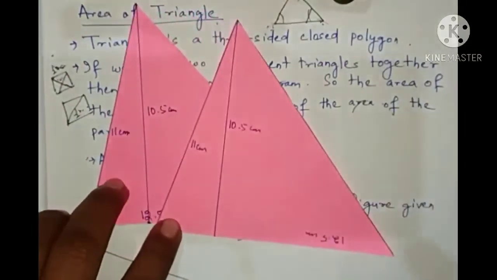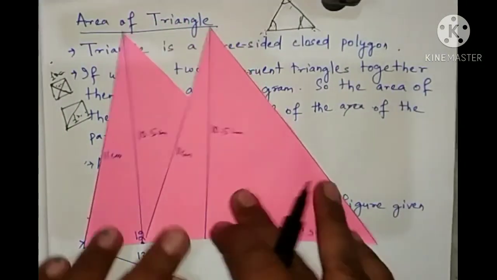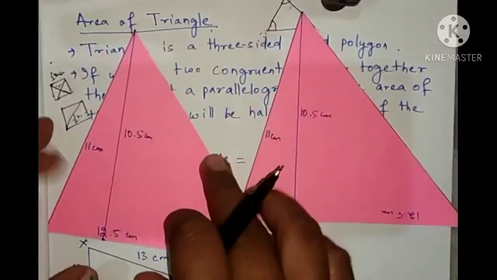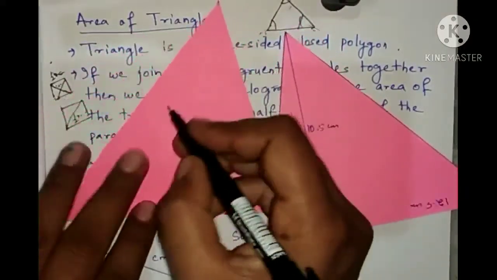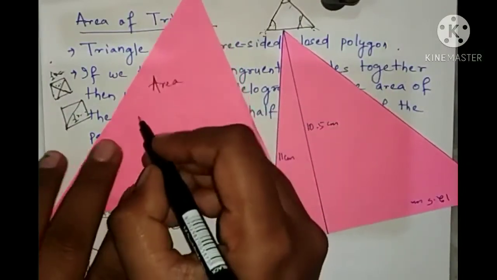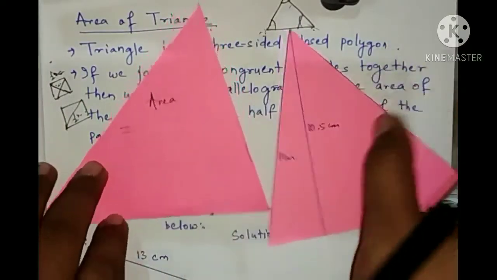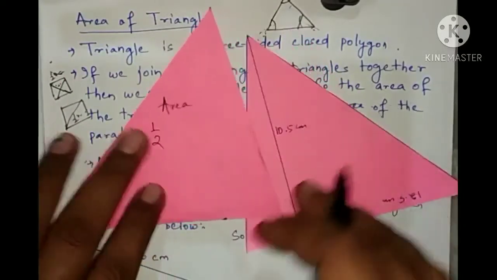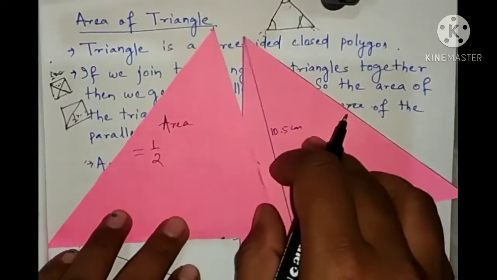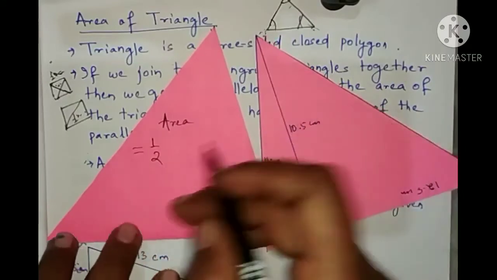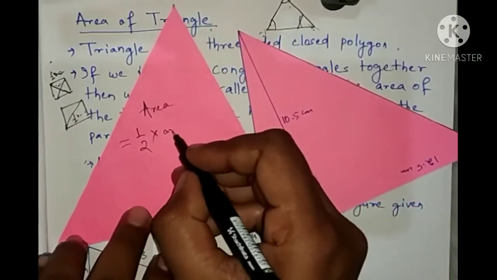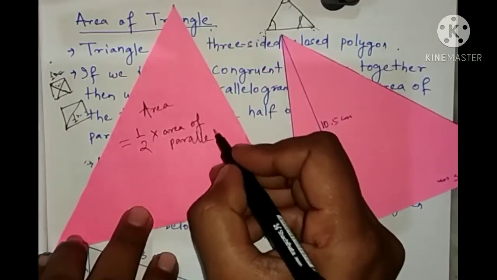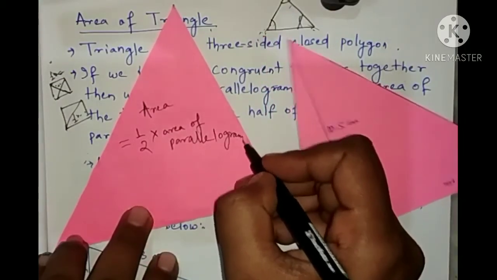The area of this triangle I can write as half, because this parallelogram has been divided into two parts. So half into area of parallelogram.